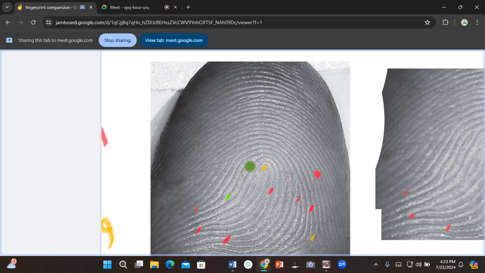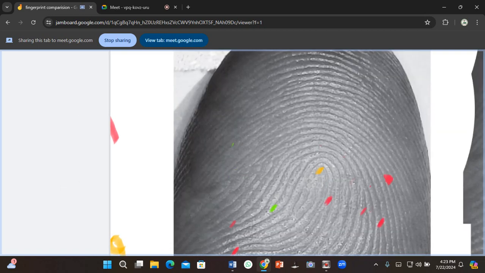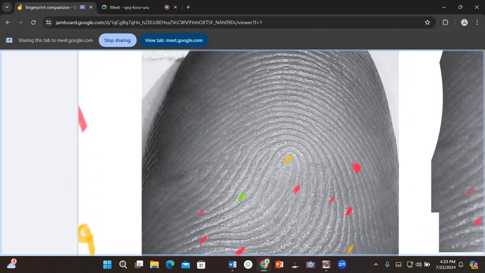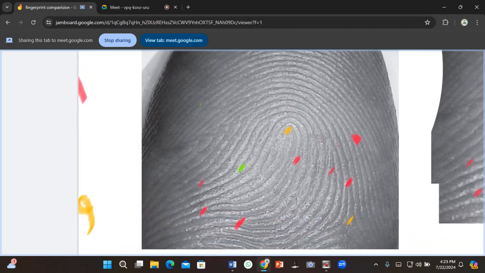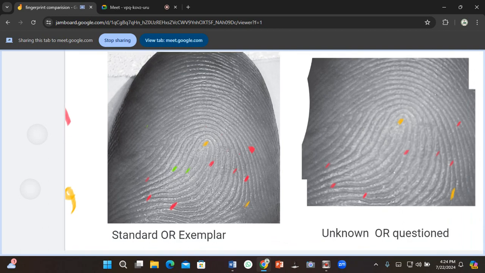Another ridge ending. Another one. Yeah, that's the ridge ending that is visible to us. Yes, this is another one here. Let's go to this place.